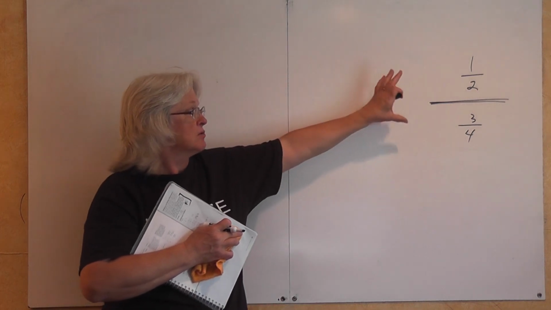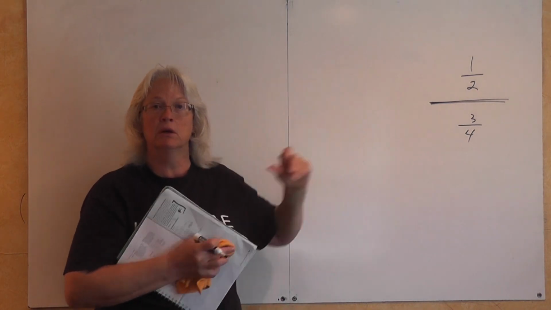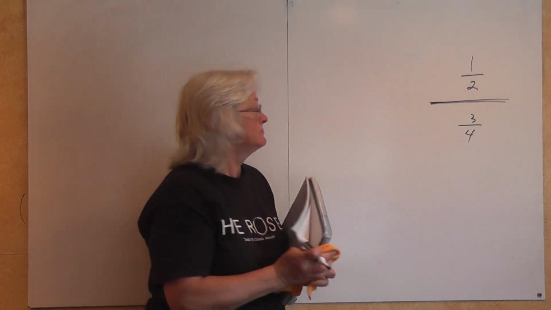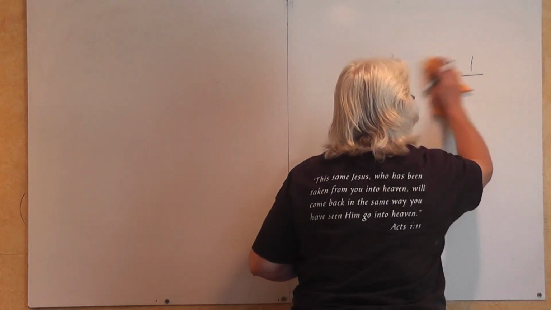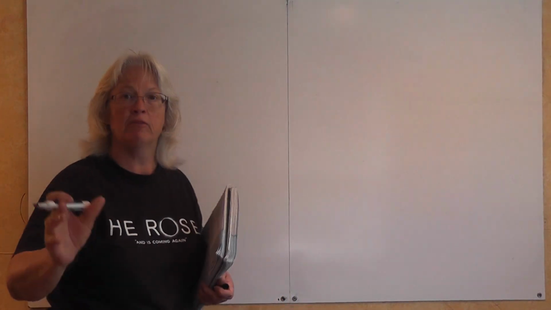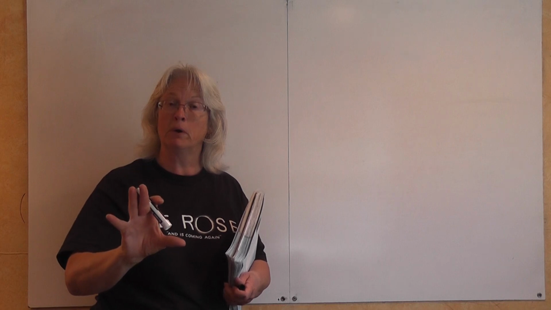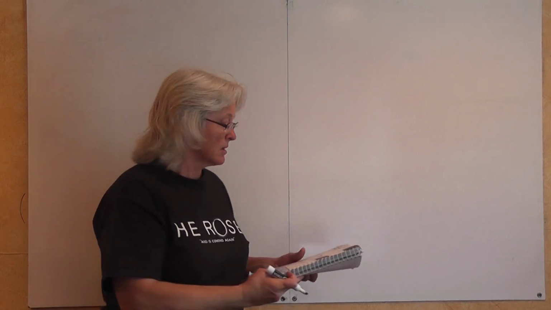A complex rational expression contains variables someplace. So a complex rational expression can have variables either in the numerator, the denominator, or both. Now let me go ahead and give you a couple examples.